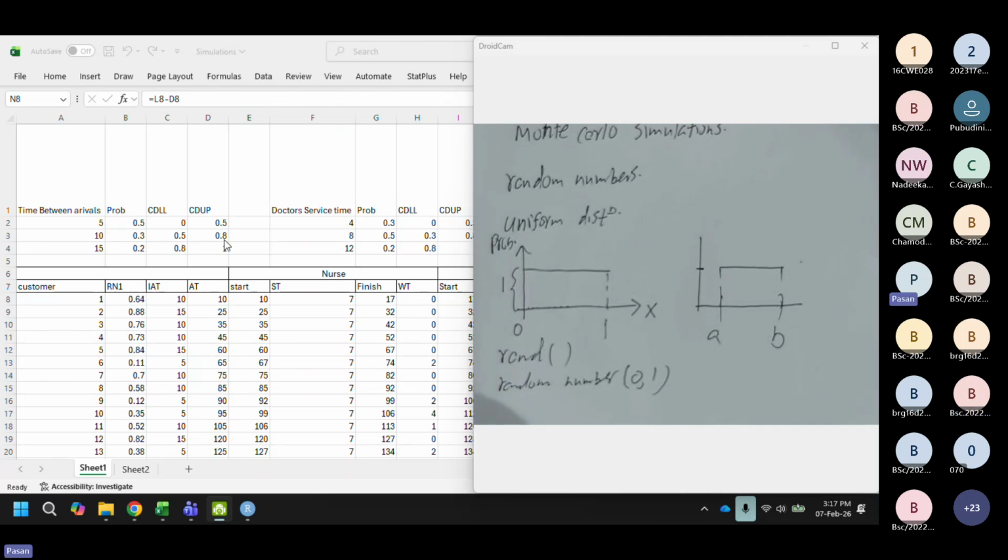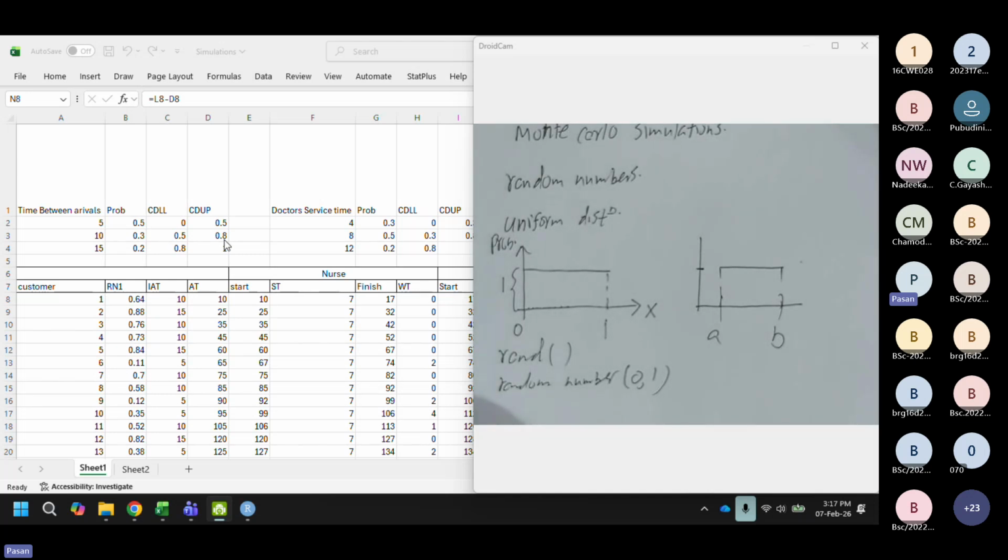Okay. So we can use this particular concept of random numbers and apply this in various areas. This is the concept that we are going to use in our Monte Carlo simulations, that we are generating the random numbers, right?